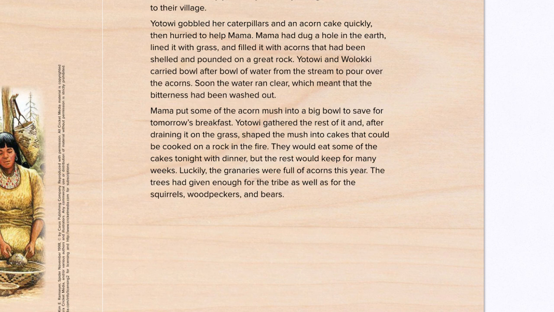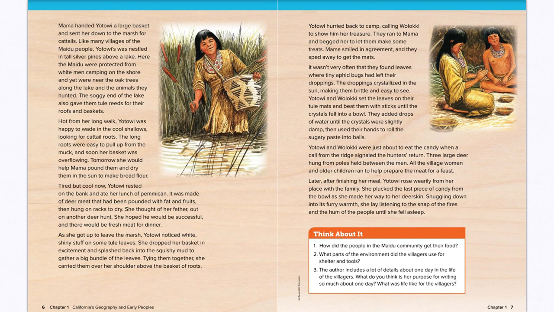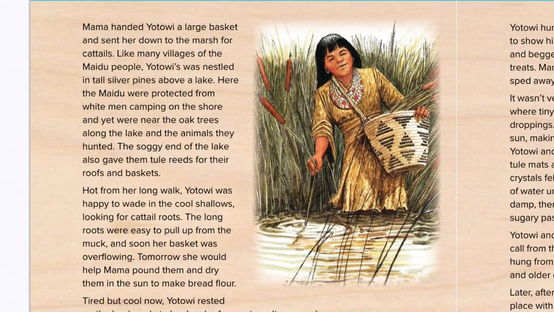They would eat some of the cakes tonight with dinner, but the rest would keep for many weeks. Luckily, the granaries were full of acorns this year. The trees had given enough for the tribe as well as for the squirrels, woodpeckers, and bears. Mama handed Yotowi a large basket and sent her down to the marsh for cattails.